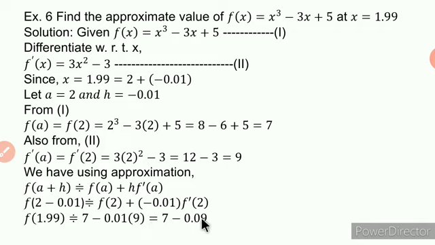Now 7 minus 0.09 is 6.91. Hence f of 1.99 is approximately equal to 6.91. These are some examples based on approximation. So see you in the next lecture. Thank you.